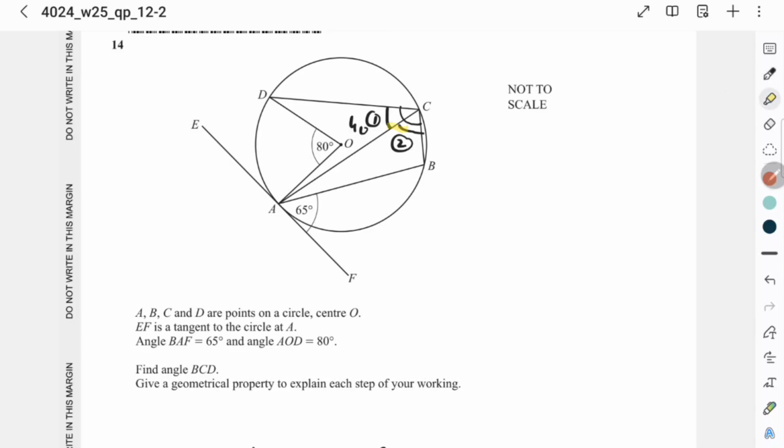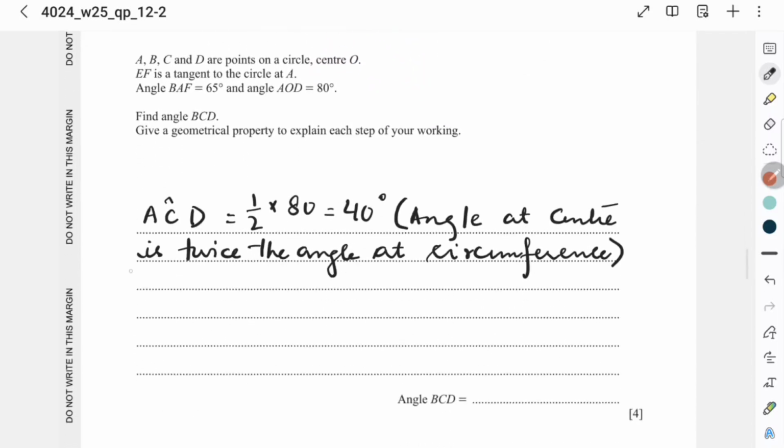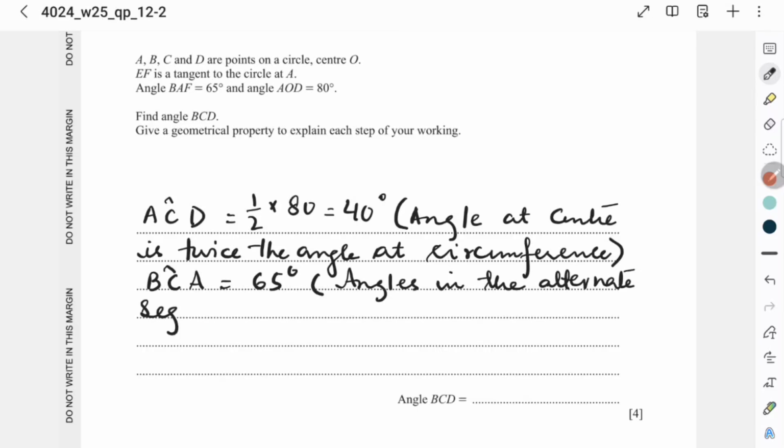If you just check this triangle and the tangent, this angle is equal to this much, which is B to C to A. BCA is equal to 65 degrees. Angles in the alternate segments are equal.